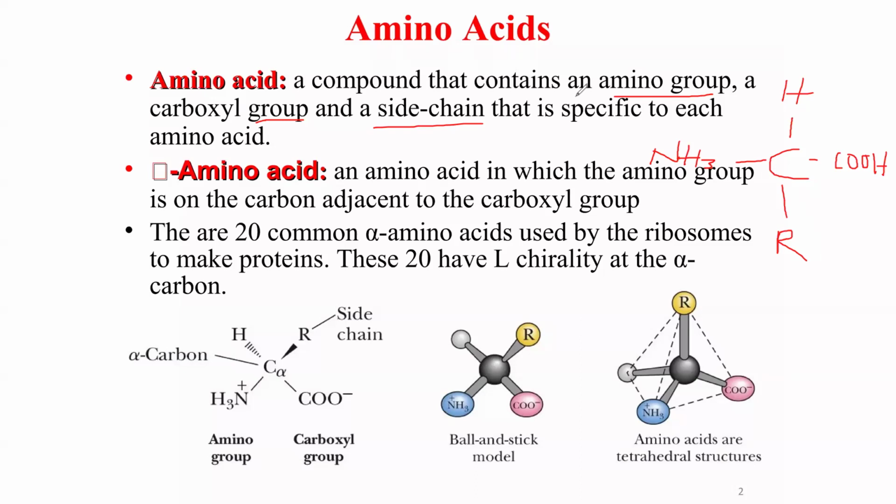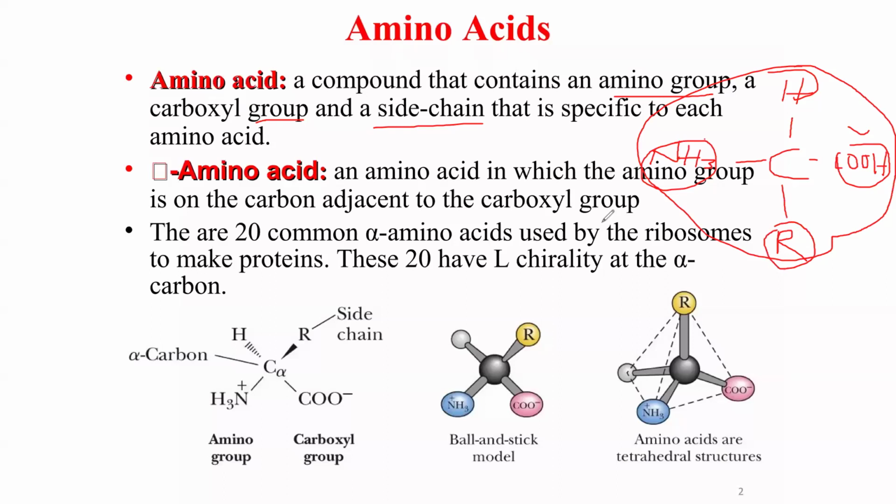This is how the structure of amino acids looks like. This is the amino group, this is the carboxylic group, this is the free hydrogen, and then the R side chain.